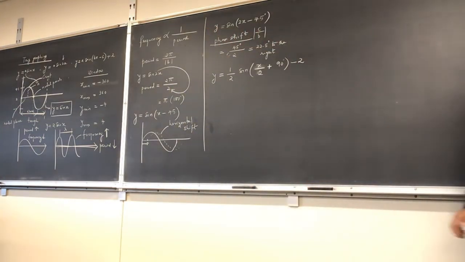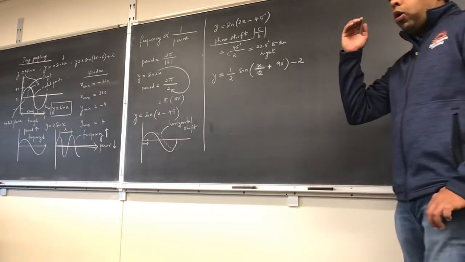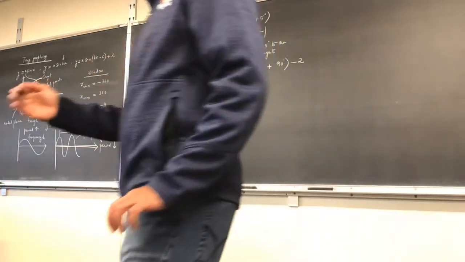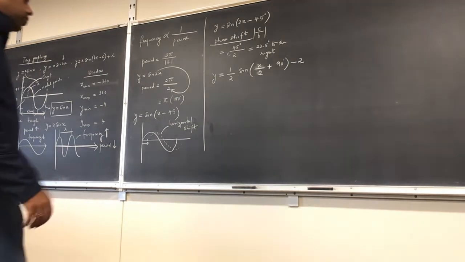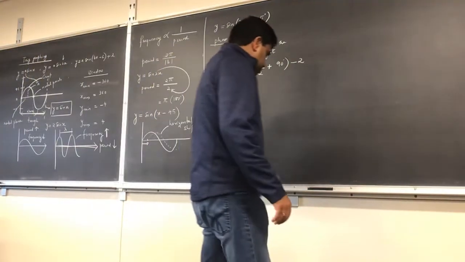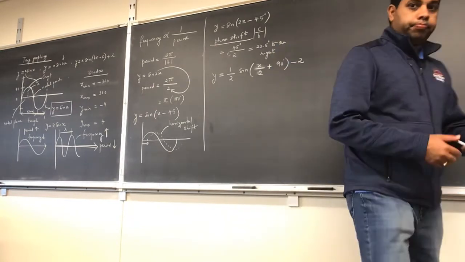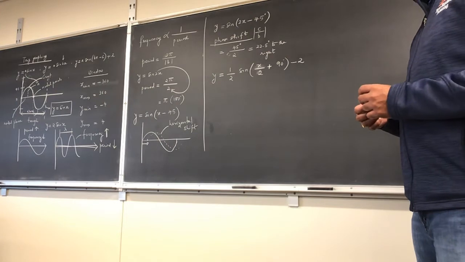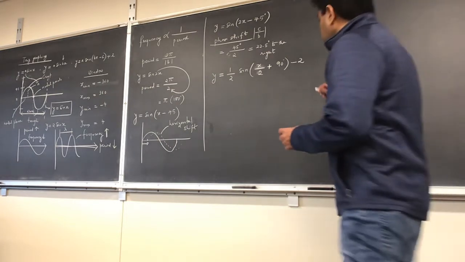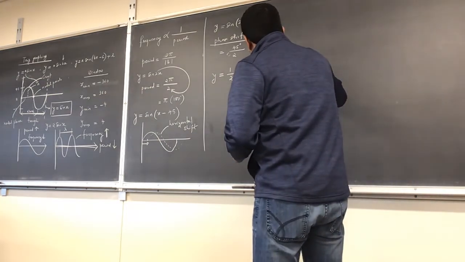First write this in your notes. I'm going to do one question that includes everything here: y equals half sine of half x plus 90, minus 2. All right, tell me what this stands for?